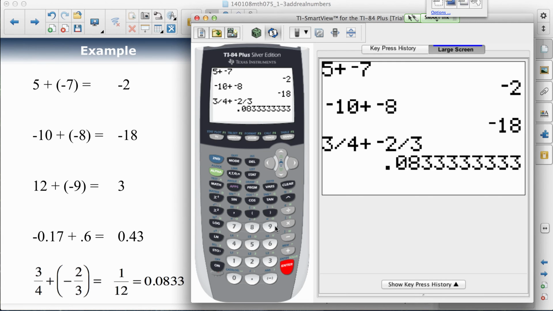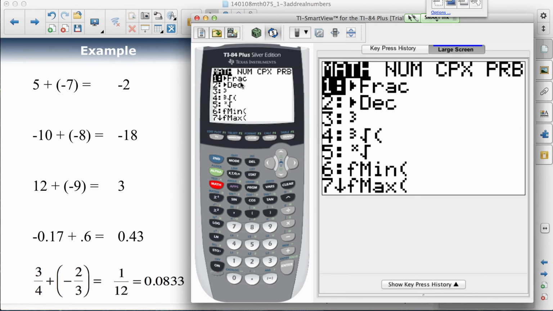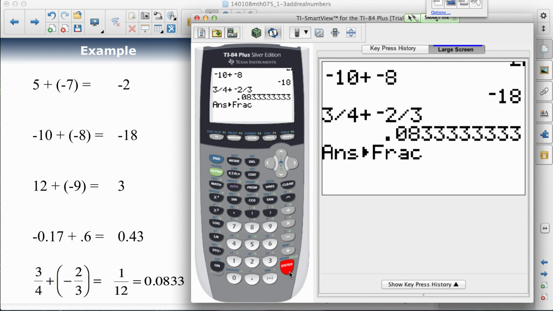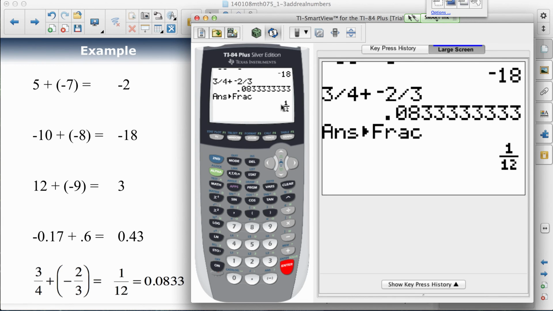If you have one of these TI calculators, and the other ones can do it too, you just have to find the right buttons. But on this one you can click on Math, and the first one there is Convert to a Fraction. You hit that button once, hit it again, and it does change it into a fraction for you, 1/12. Okay, so that's how you could use a calculator to help you with doing your integers that way.